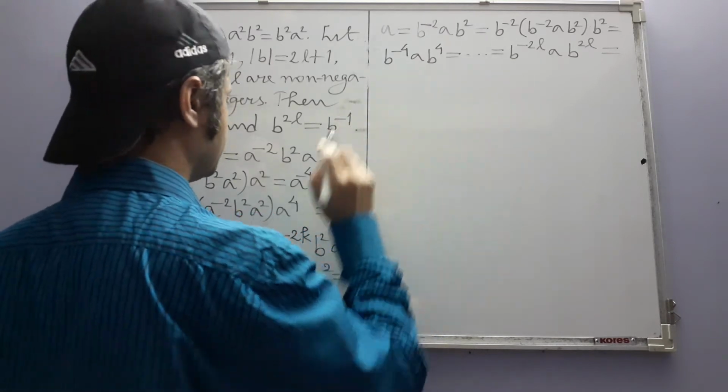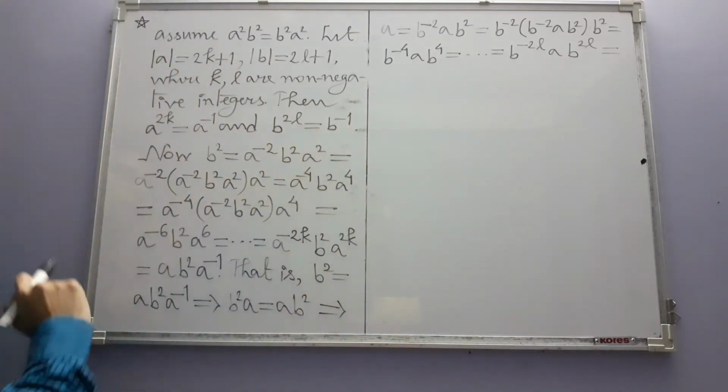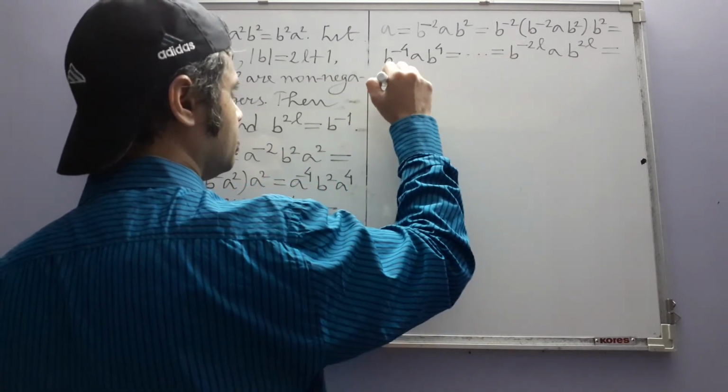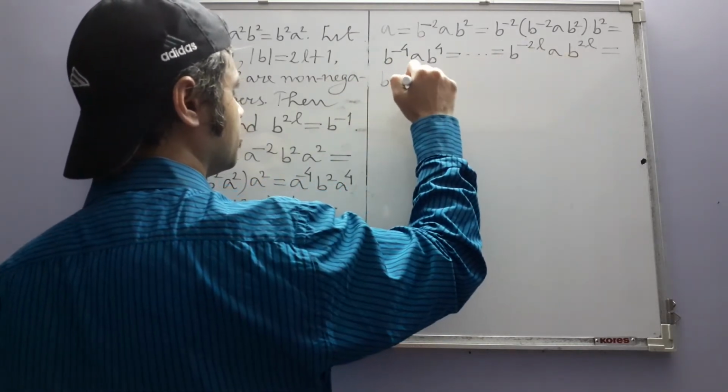And that will be equal to what? B to the power 12 is B inverse, so this is B, this is A, this is B inverse.